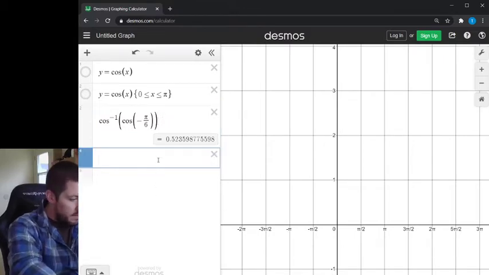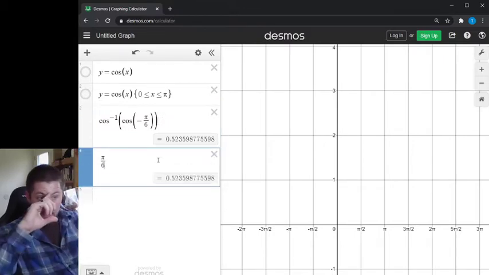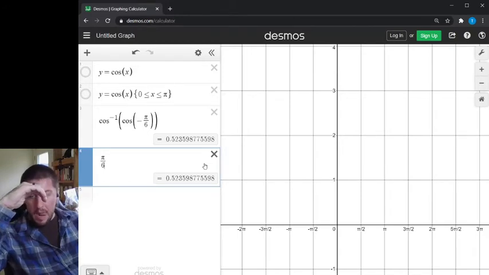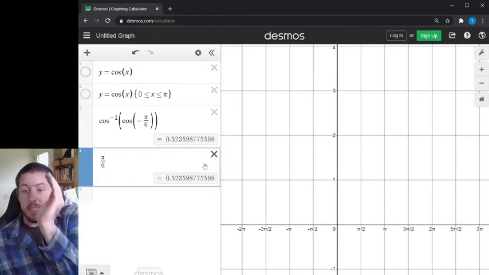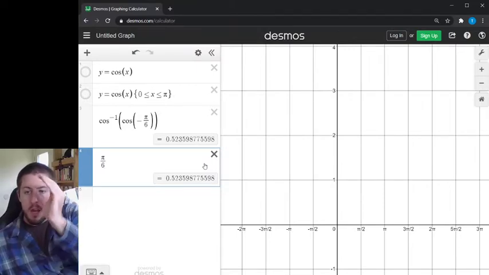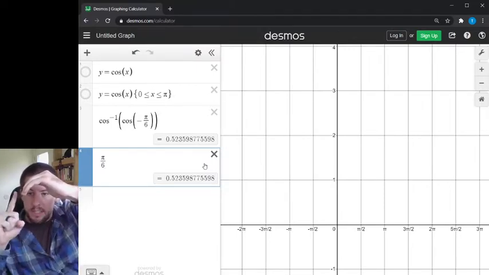And what is that positive number? Oh my gosh, that positive number is exactly positive pi 6. So Desmos does agree that cosine inverse of cosine of negative pi 6 is in fact positive pi 6 right there, because it needs to be within our 0 to pi span. So sine inverse lives here because that goes from negative 1 to 1 for heights. Cosine inverse lives here because it goes from negative 1 to 1 for widths.